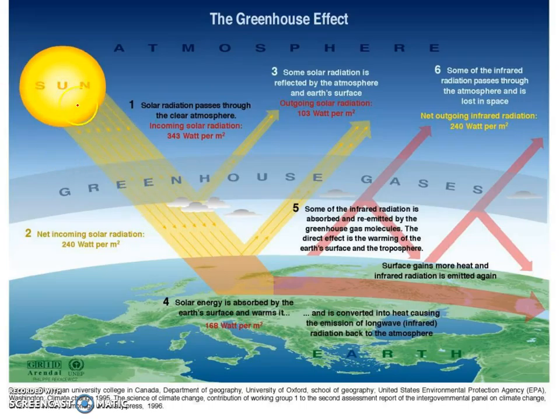If you can follow my cursor, the sun comes down, and the greenhouse gases, they're not ozone, provide kind of like a barrier, so some of the radiation can come out, but not all of it.